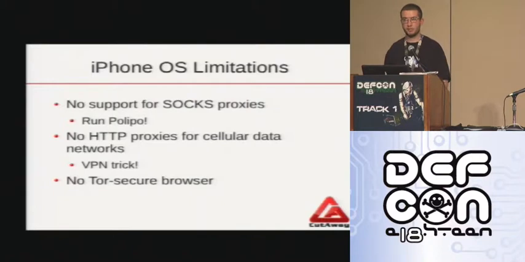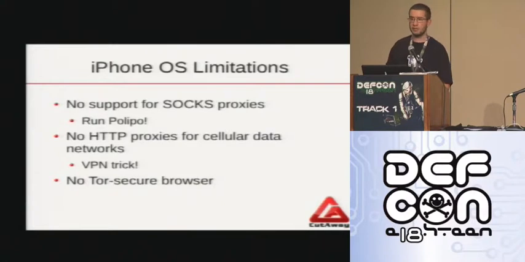There are some limitations, unfortunately. The operating system doesn't support SOCKS proxies, but that's no problem. We can run Polipo in front of it. There isn't still an easy way to set up a proxy while you are surfing through the cellular data network. I'm trying to discover a way to do it. There's a VPN trick.